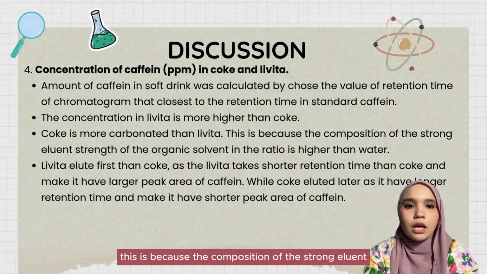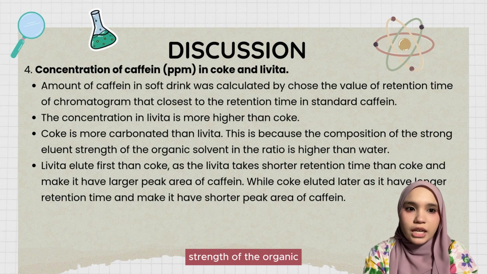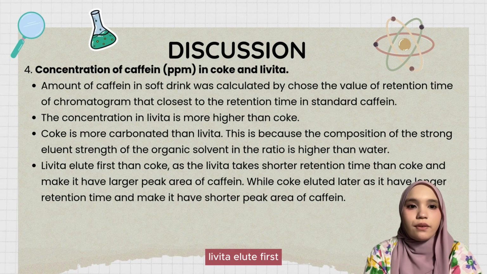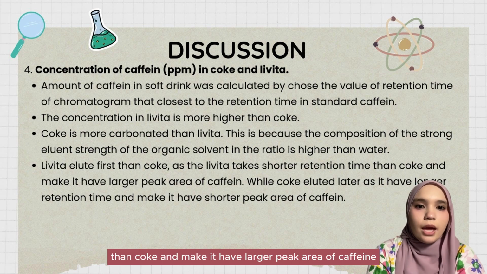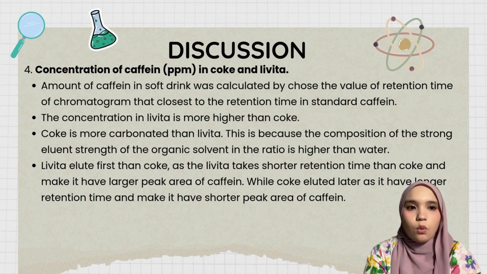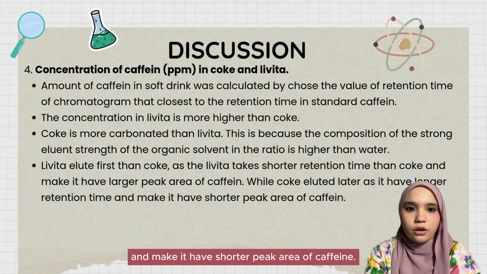This is because the strong eluent strength of the organic solvent in the ratio is higher than water. Levita elutes first, then Coke, as Levita takes a shorter retention time than Coke and has a larger peak area of caffeine, while Coke eluted later as it has a longer retention time and a shorter peak area of caffeine.